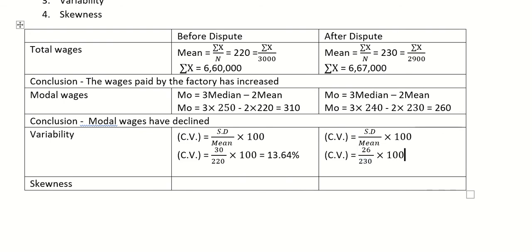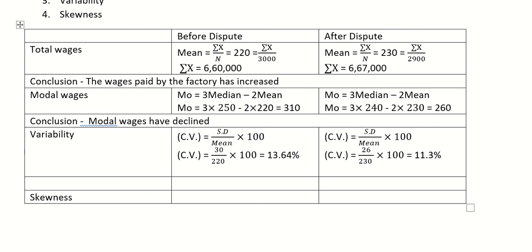So coefficient of variability is 11.3. What is the conclusion we are obtaining here? Coefficient of variability has declined. Declining variability is a good sign.